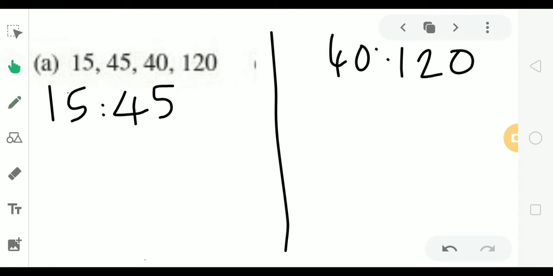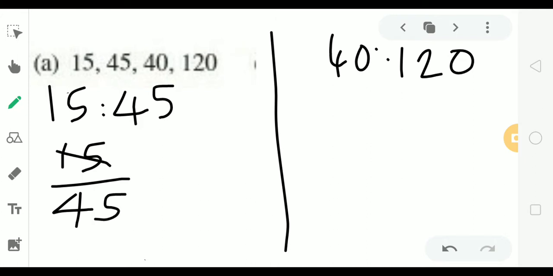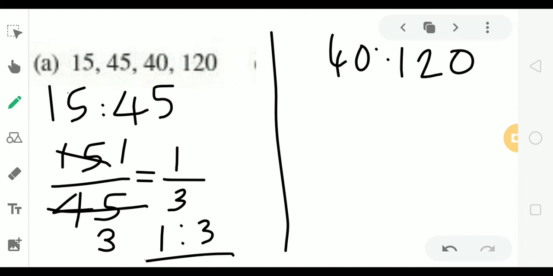For that we will see whether the simplest forms of these 2 ratios are equal. So 15 is to 45 can be written as 15 upon 45. 15 ones are 15, 15 threes are 45. So we get 1 upon 3, which is 1 is to 3.